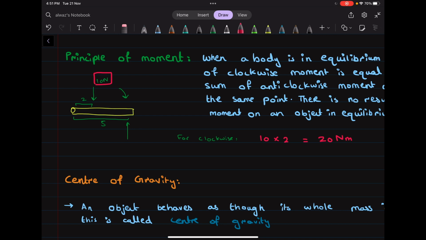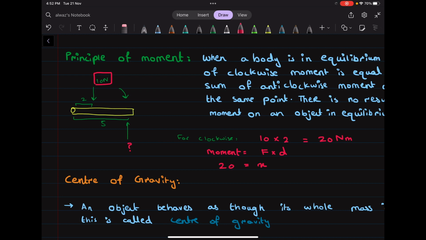But for anti-clockwise, we don't have our force, so we need to calculate that. Now we know that the clockwise moment is 20 Newton meters, so we can just equate the equation. For our equation, we have moment is equal to force multiplied by perpendicular distance. So our moment is 20.